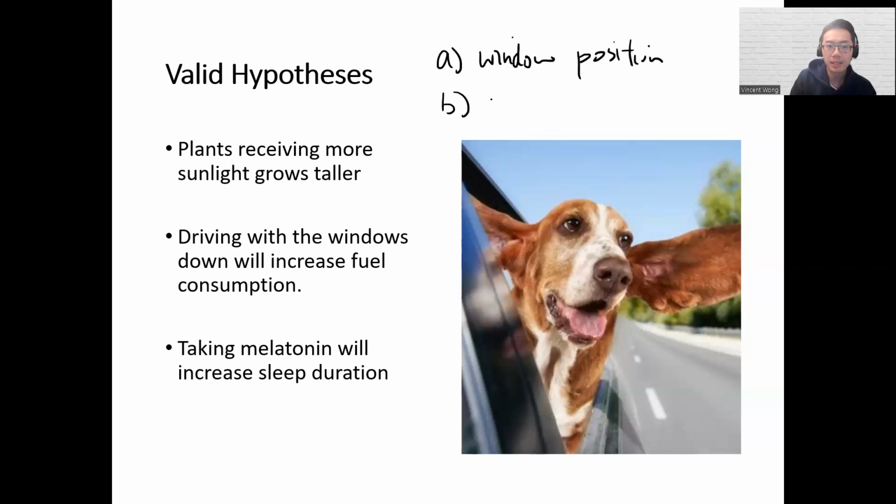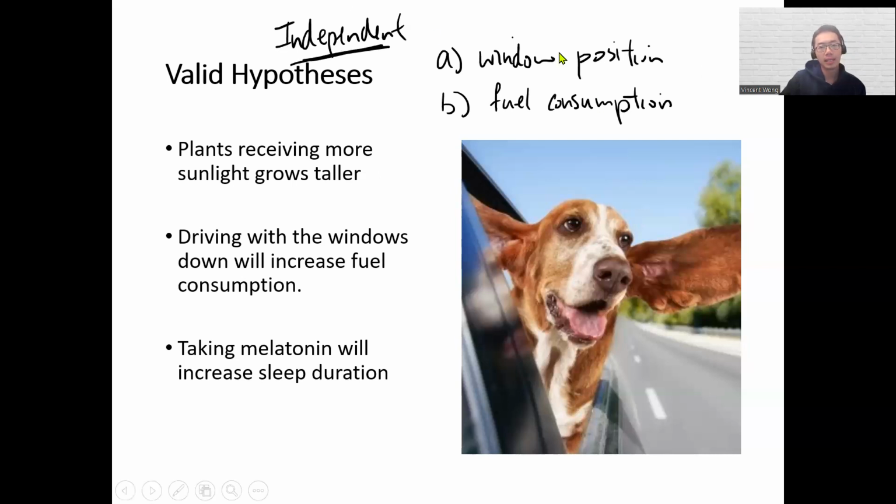And B is fuel consumption. If I'm doing an experiment to test this, which one would be the independent variable? Is it the window position or is it the fuel consumption? Which one would be the independent variable?